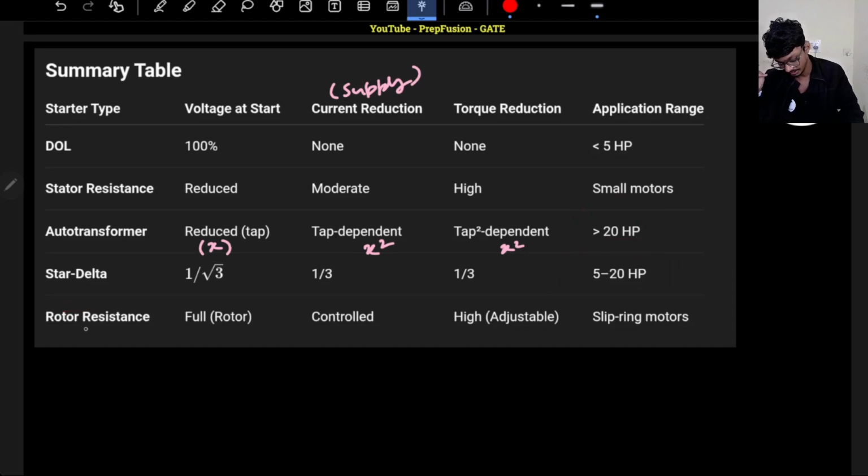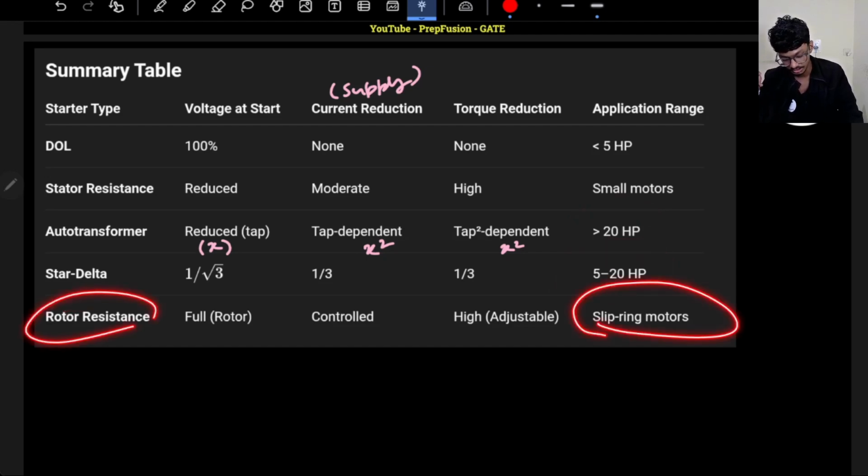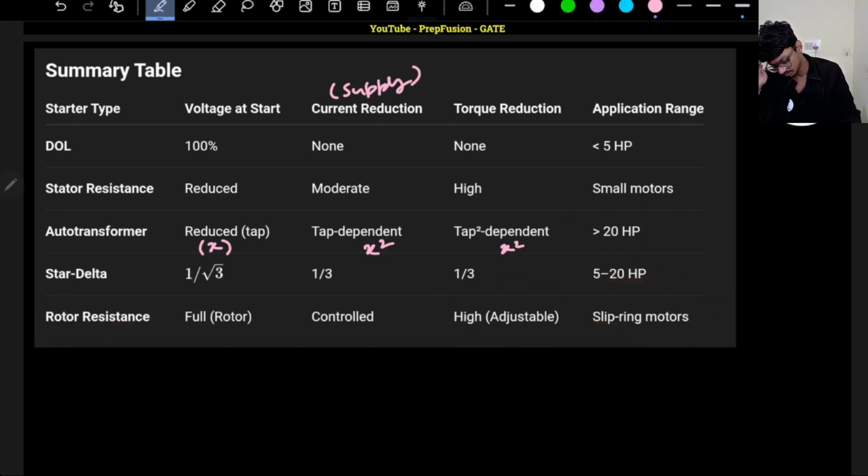And rotor resistance is used in slip ring motors. Torque reduction will not happen. Sorry, torque will increase. This is wrong actually. The starting torque increases instead of reducing, right?